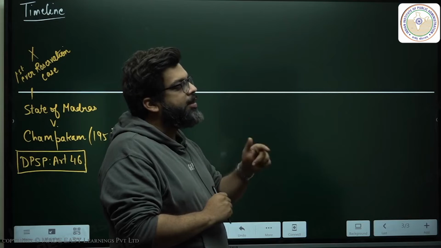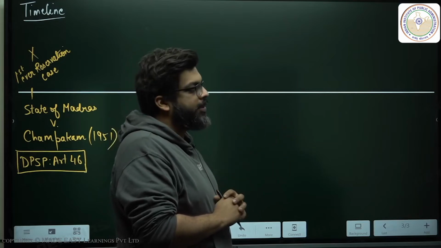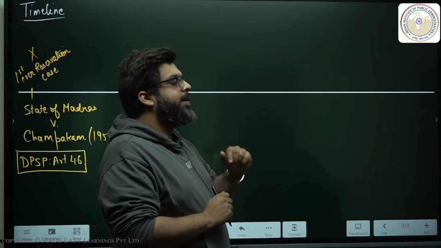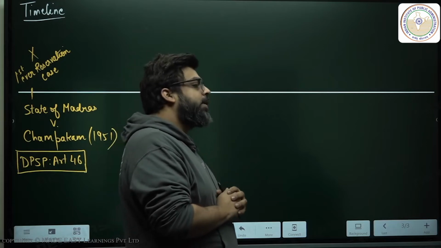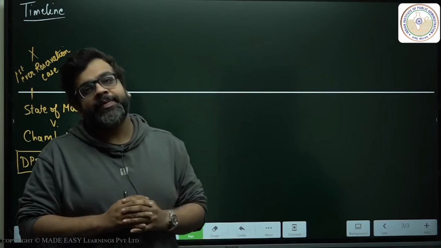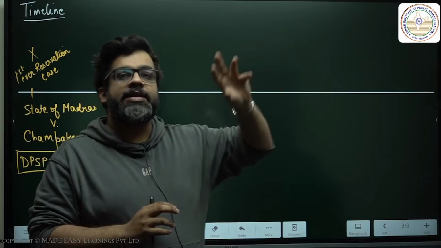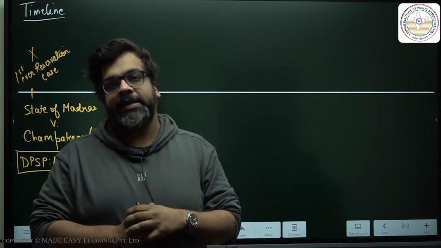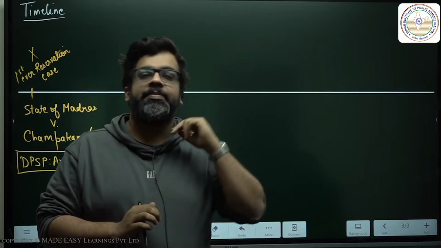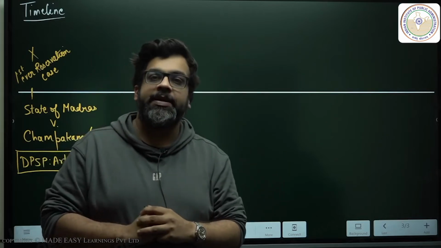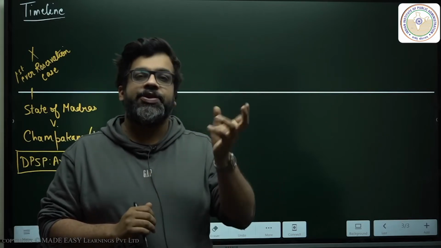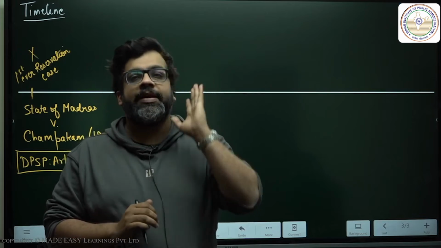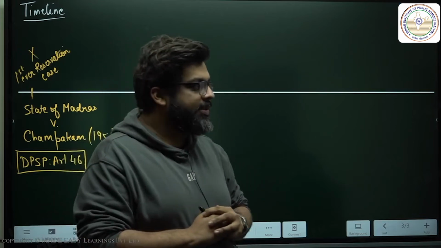And if you're trying to do this on the basis of religion, you're undermining the very purpose of reservation. So very interestingly, the story of the conciliation between directive principles and fundamental rights, or the conflict between directive principles and fundamental rights, is the story of India's first ever reservation case.